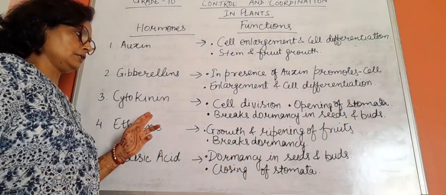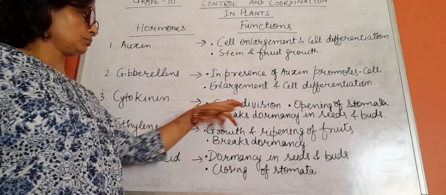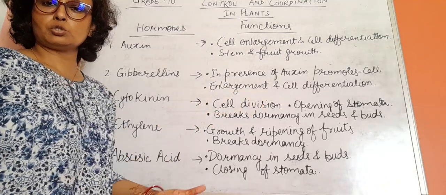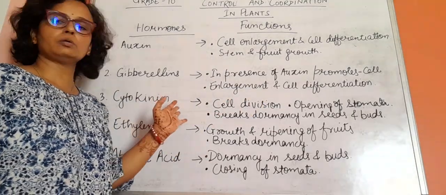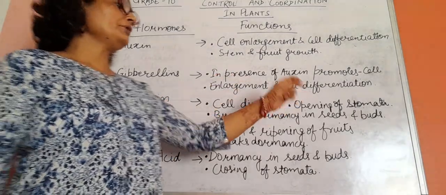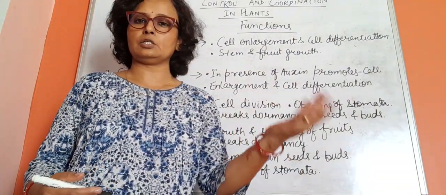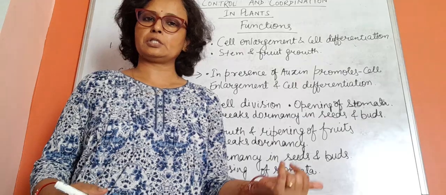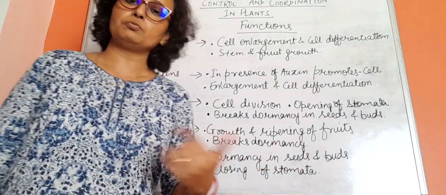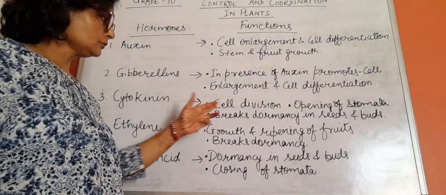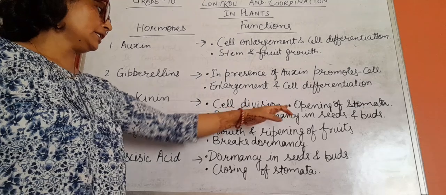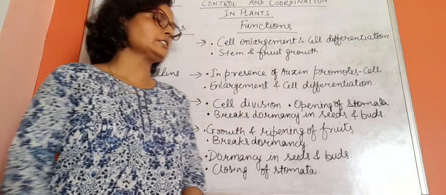Now cytokinin. Cytokinin promotes cell division, meaning one cell becomes two, two become four; that is controlled by cytokinin. Then opening of stomata, which open for gaseous exchange, intake of CO2 for photosynthesis, or in the night intake of O2 for respiration. So opening of stomata, cell division, and breaking dormancy in seeds and buds.